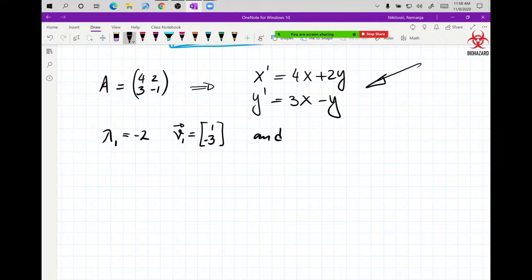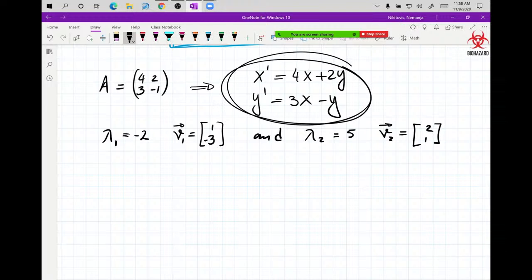And we also found lambda 2 to be 5, and then v2 to be 2, 1. So we were able to find these eigenpairs for the matrix A, and matrix A came from this system.